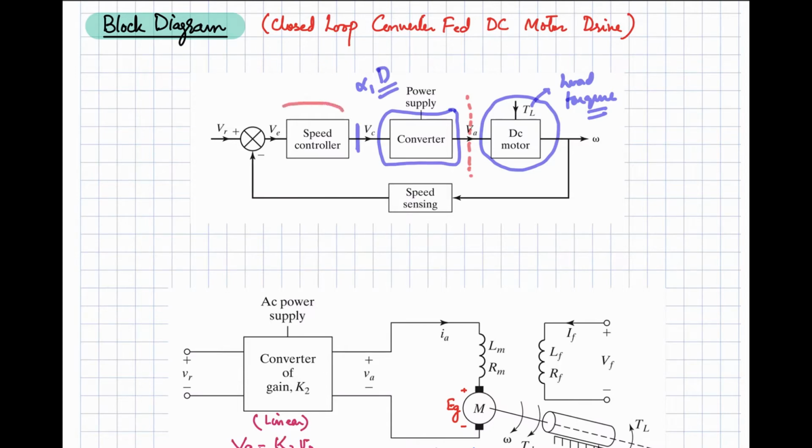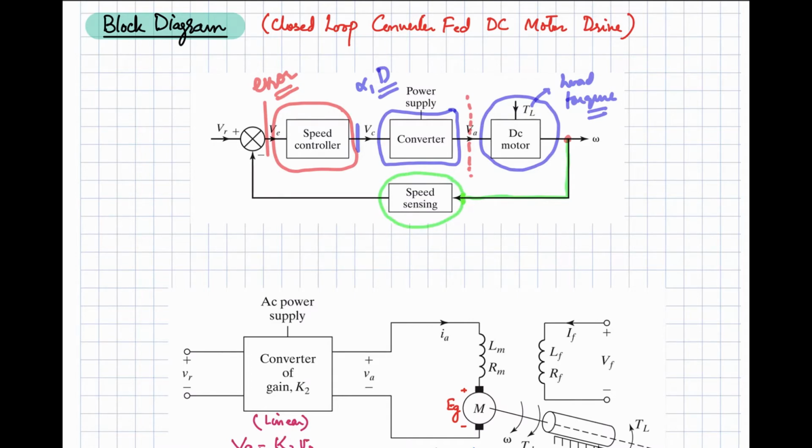Here you can see a speed controller which decides what should be the control voltage to minimize the error at this point. That is the error between the actual speed and the command speed. So actual speed is measured with the help of the speed sensor, that may be the tacho generator or some other system.